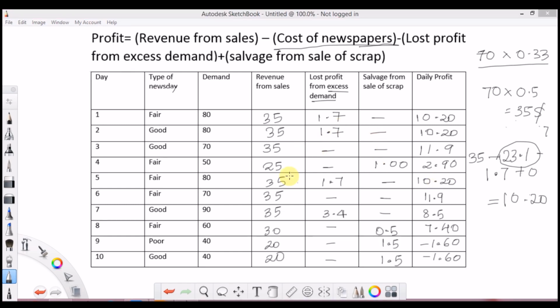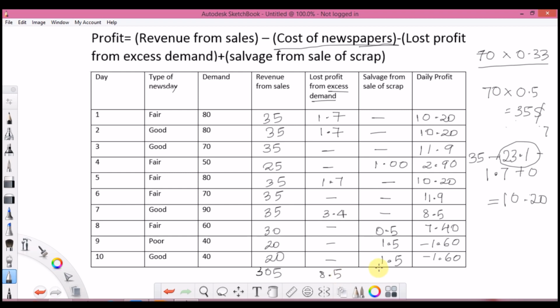So I have finished all the calculations and completed the table. After filling out all the values, this is how the table looks. Finally, we add up the entire revenue from sales, and when I add this up I get 305. Similarly, when I add the lost profit, I get 8.5.